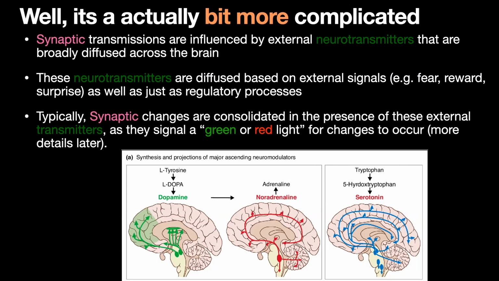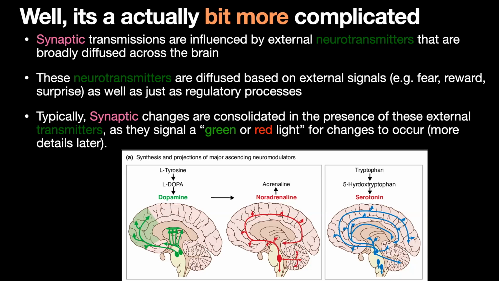So these can really happen for a bunch of things. Let's just say fear. Let's just say you take a bunch of actions and something really great happens, and some reward chemicals are signaling through your brain, or surprise, like we just mentioned, as well as just general regulatory processes. And typically, synaptic changes are consolidated in the presence of these external transmitters. This might be confusing now.